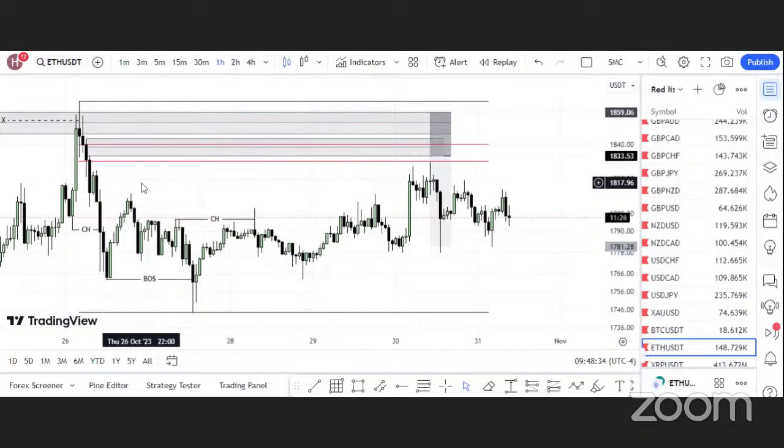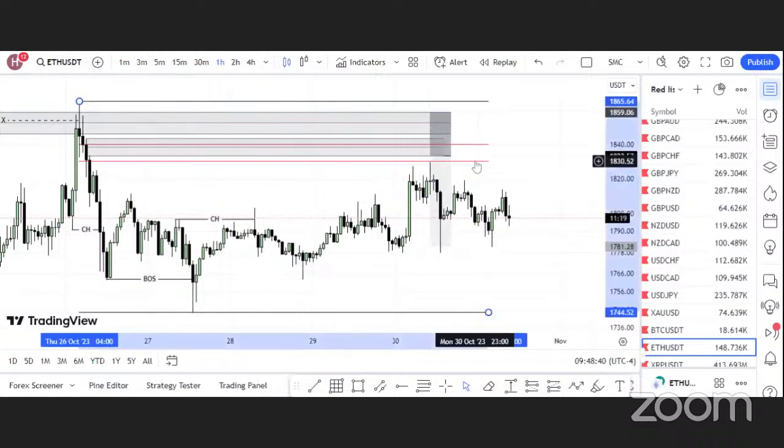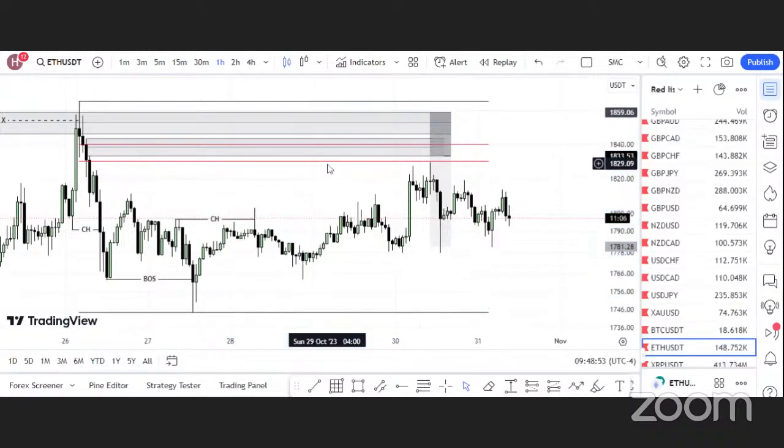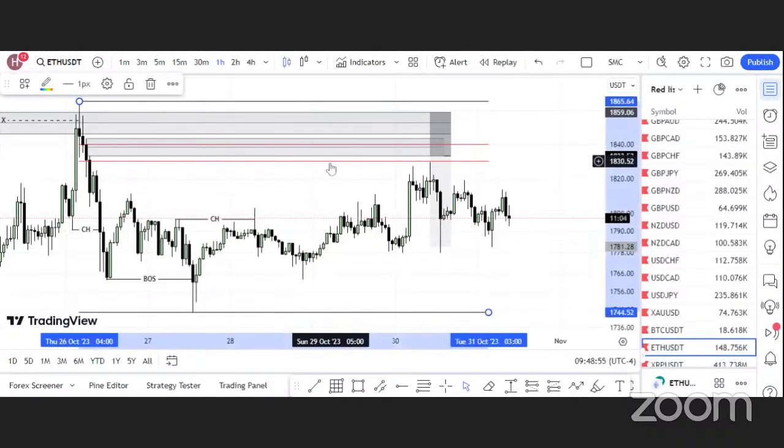Okay, so let's have. Since this market is moving this way, I'm still going to wait for this market to come to this area, because around this area where this market reverts from, we don't have a fair value gap.